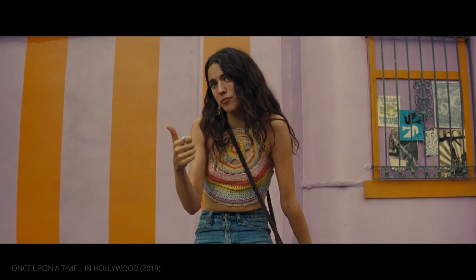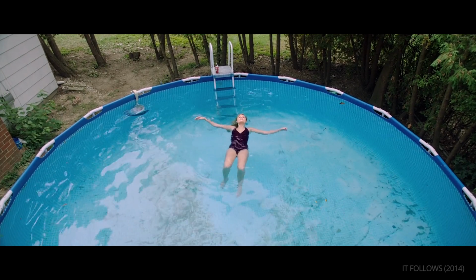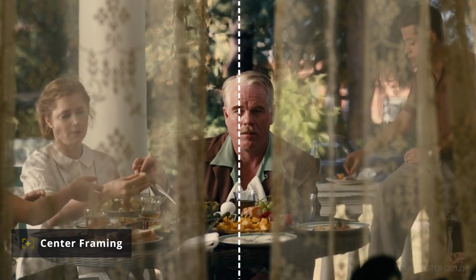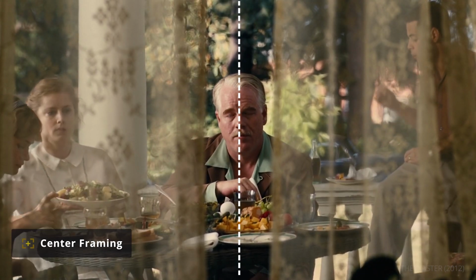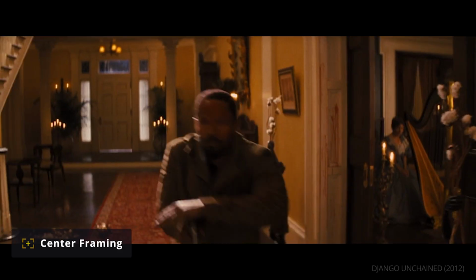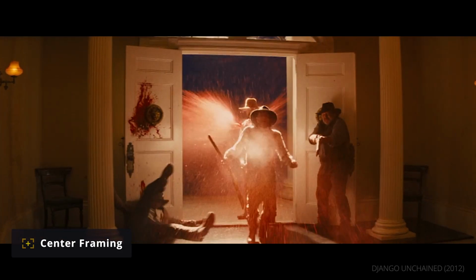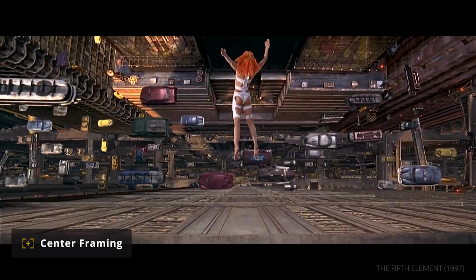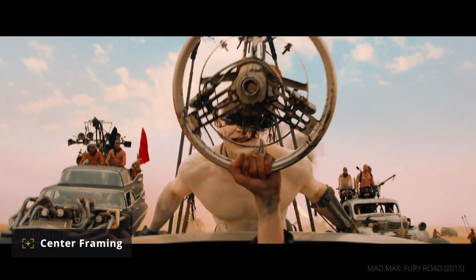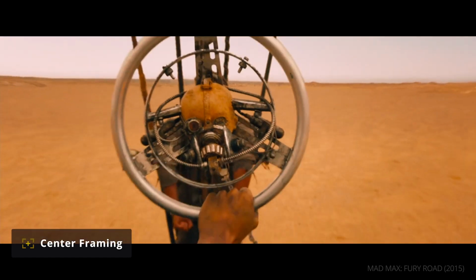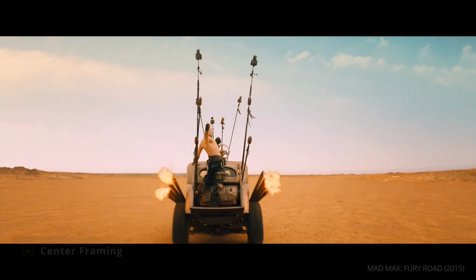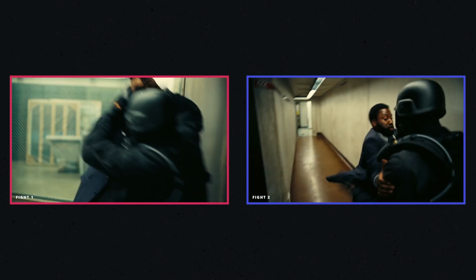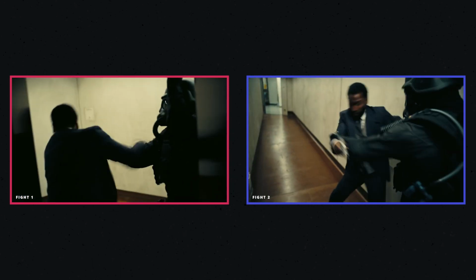Using very basic and simplified composition rules, we tend to reserve the center of the frame for the most important element in a shot. This is especially true during action scenes, so we can remain focused despite the rapid movement and editing. In both fights, the blocking is constantly changing.